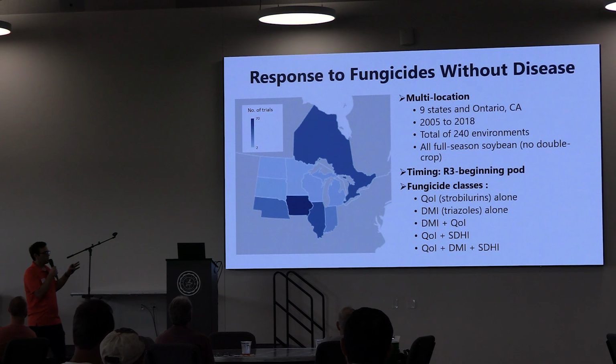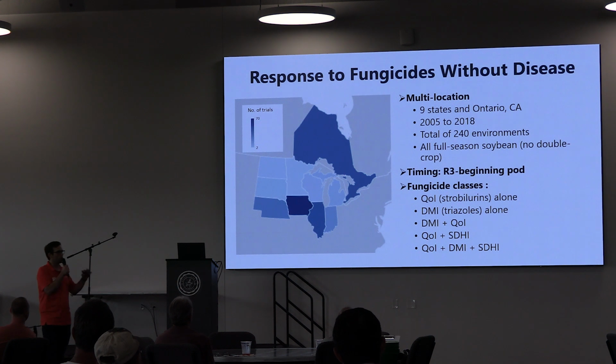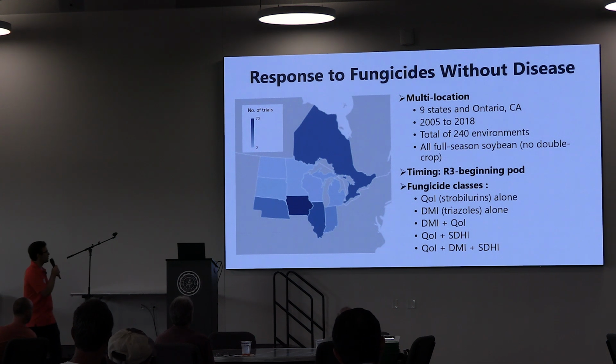So this is a work that Carl is one of the authors on. They analyzed a lot of data sets from many states, trying to quantify how much was the real impact of those applications when you don't have the disease.